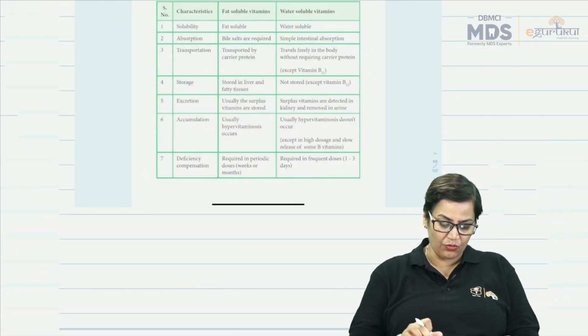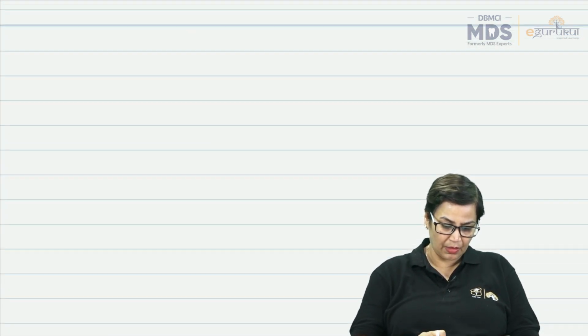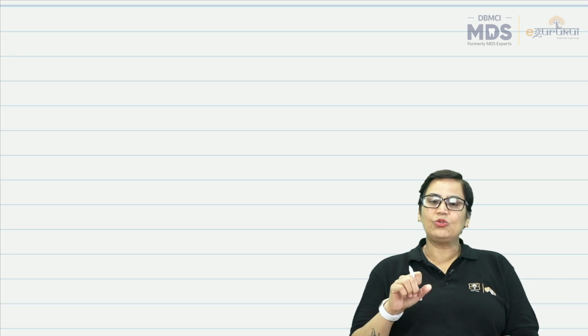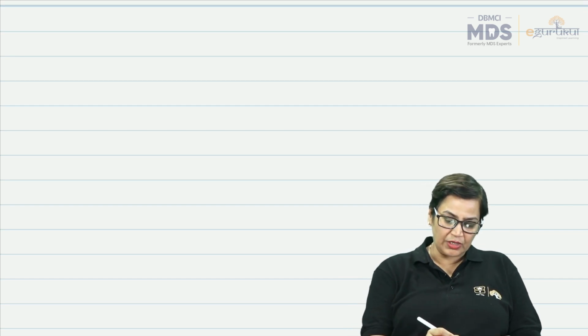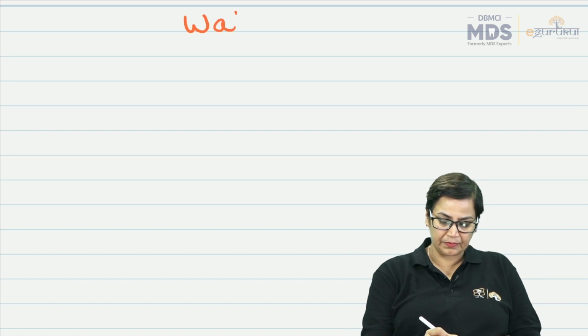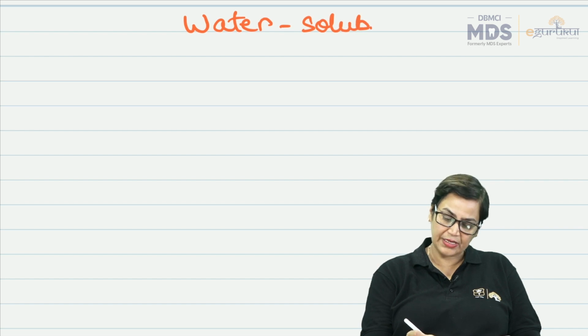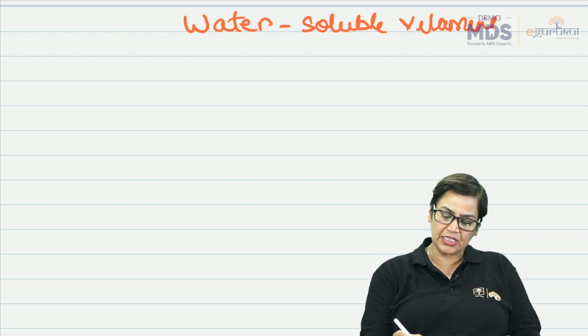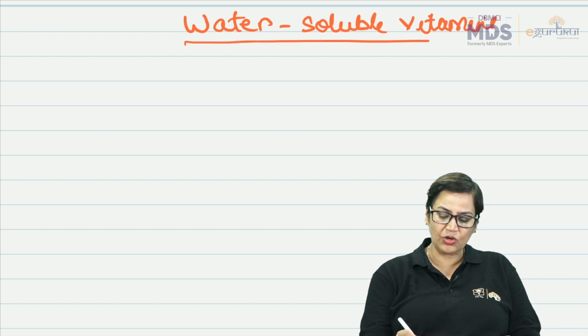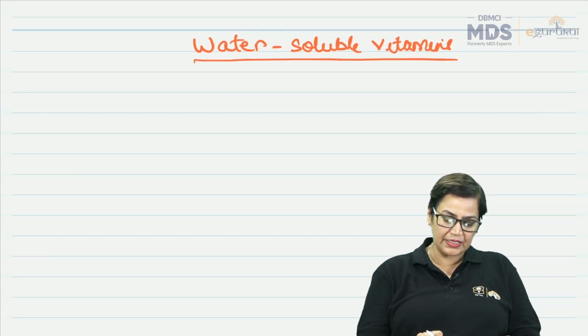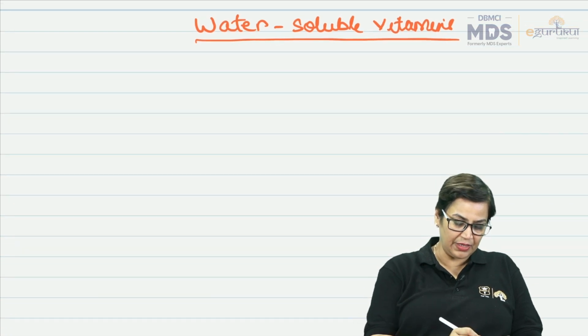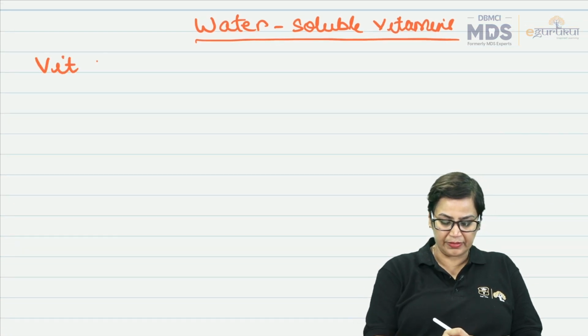Then coming over to water-soluble vitamins, we are going to start with them first of all. Just now I have given you the entire list of water-soluble vitamins. So first is vitamin B1.